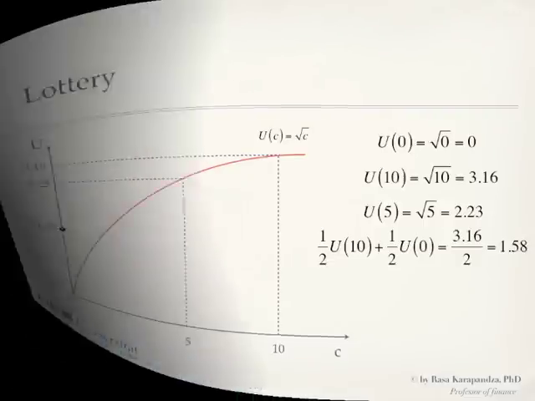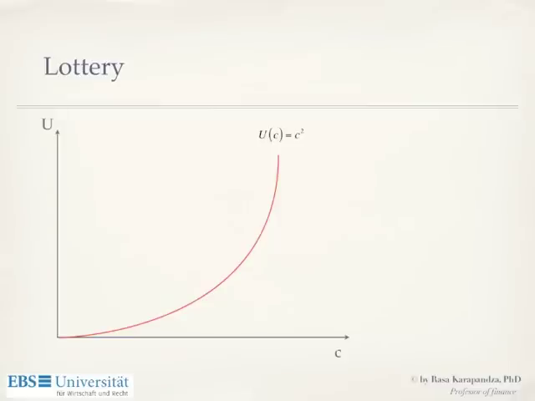But now imagine one of these guys who like extreme sports and stuff. They think that they are risk-loving. They love risk. But if they love risk, that means that this is their utility function. It's convex. Let's say c squared.